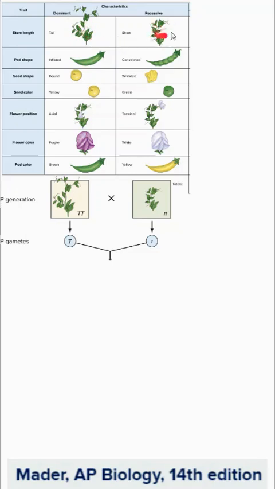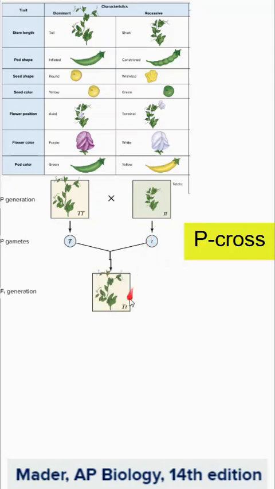Then in his first cross, he took all of these purebred tall ones and crossed them with the purebred shorts, and he ended up with all one type, all tall. So the trait that shows up in that F1 generation is the dominant trait.